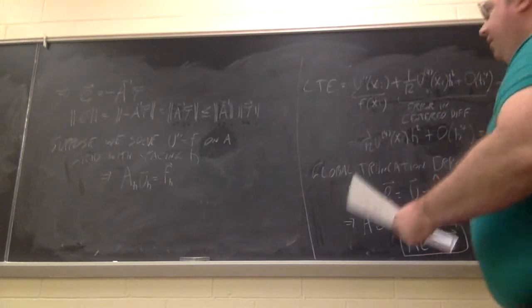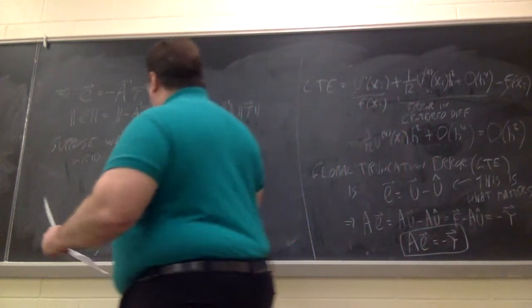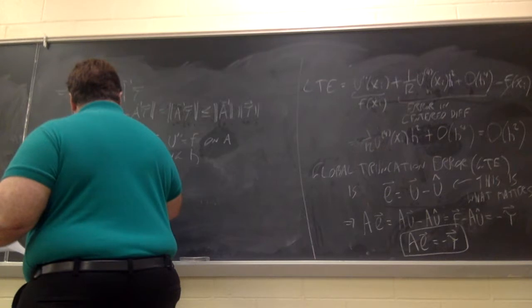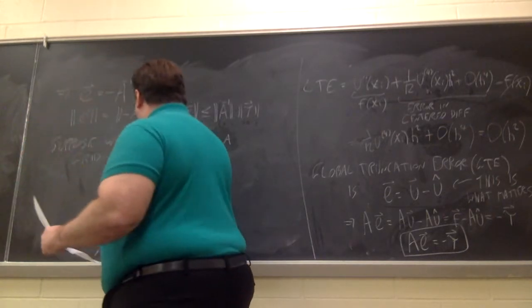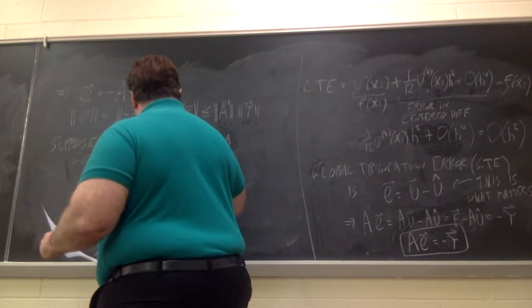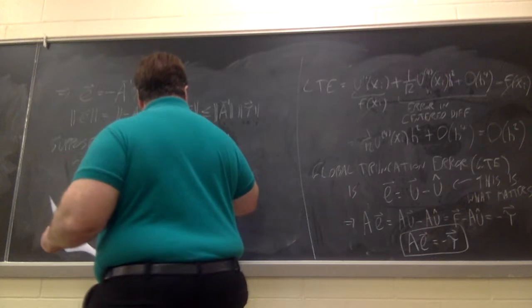So what that means is the error on this grid of spacing h is less than or equal to the norm of A_h inverse times the norm of our local truncation error, again on this grid.